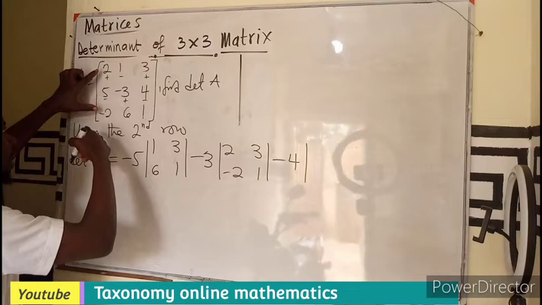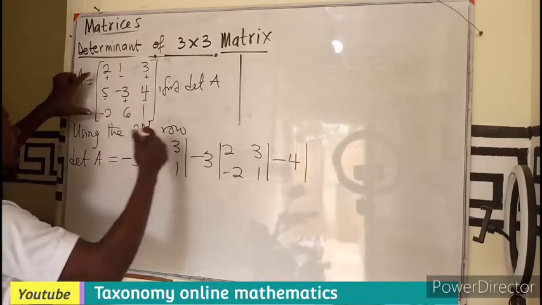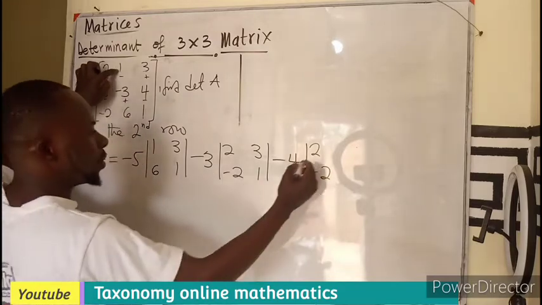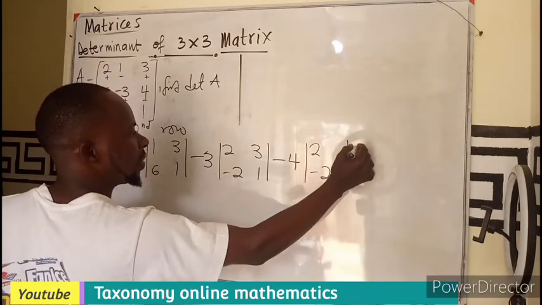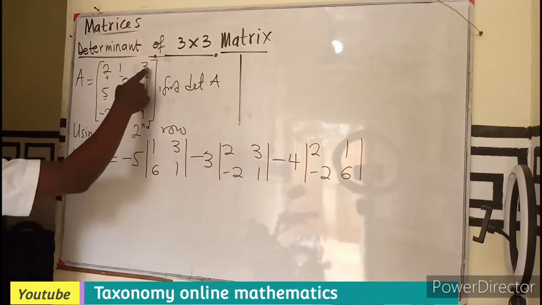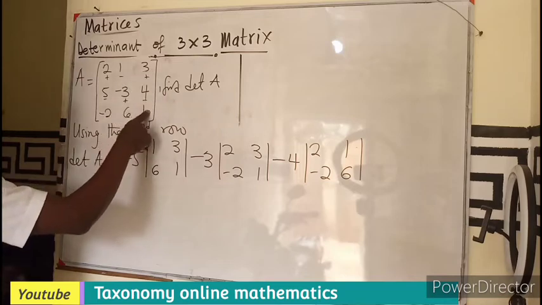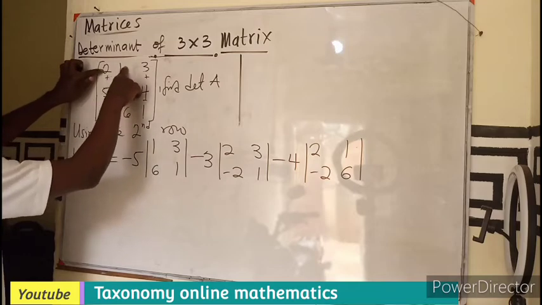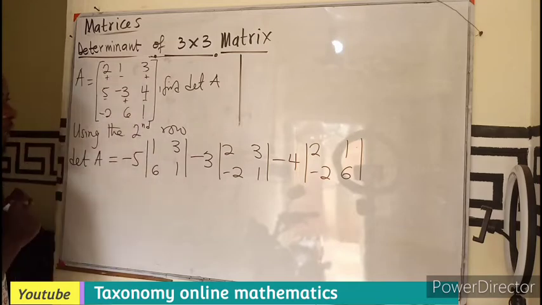All this is gone, the middle is gone, right? So I'll be left with 2, minus 2, then 1, 6. I guess 4 is cancelled out. So all this is gone. The middle is gone. 2, 1, minus 2, 6. Okay.